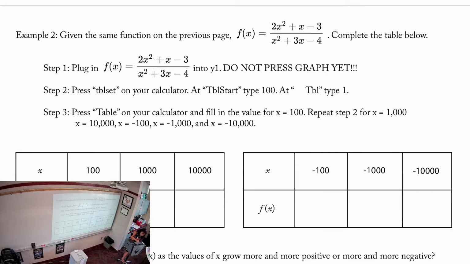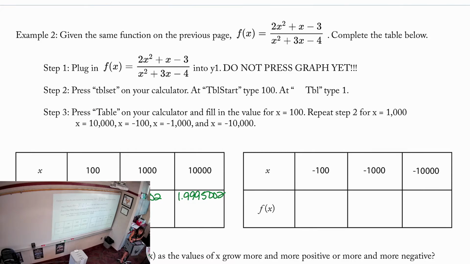So 100 is 1.95, then 1.995, 1.99502, 1.9995002. So you see that it's getting closer and closer to y equals 2 as I get more and more positive x values. So the larger the x value, the closer to 2 I get.